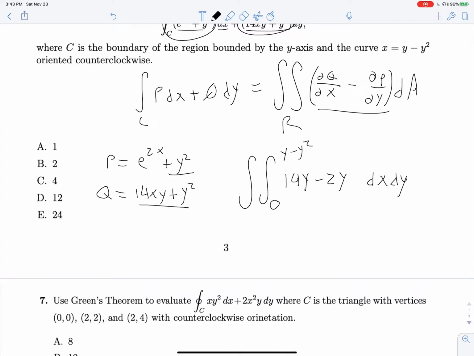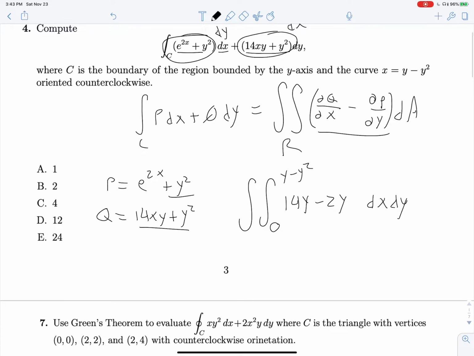And then we're bounded by the y-axis, which is the line x equals 0, and this guy, so we can set x equal to 0 to solve for our upper bound on y.